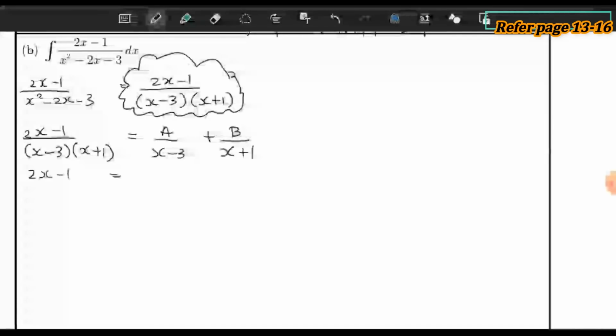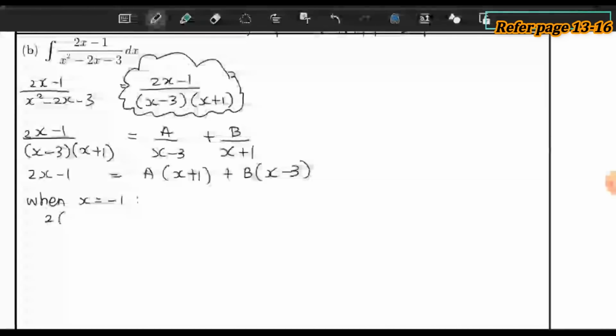Then, we equate the denominator and we substitute a suitable value of x. For this case, we substitute x equal to -1.